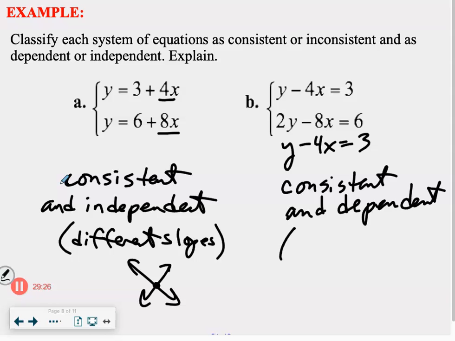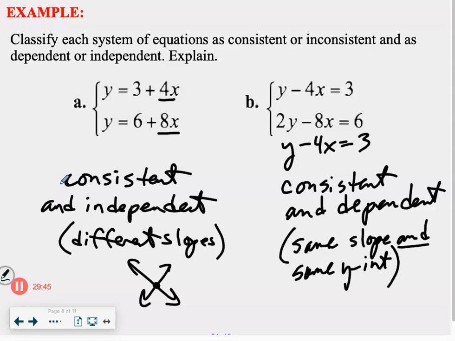Because not only do they have the same slope, same slope normally would mean parallel, right? But they have the same slope and same intercept. Then you're going to end up with the exact same line right on top of itself.